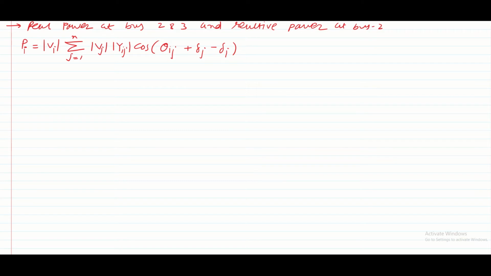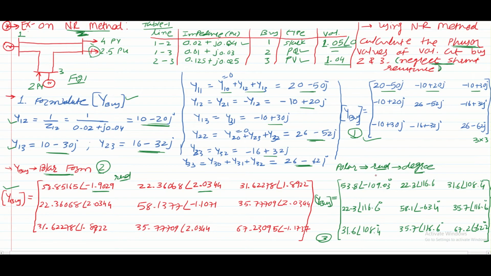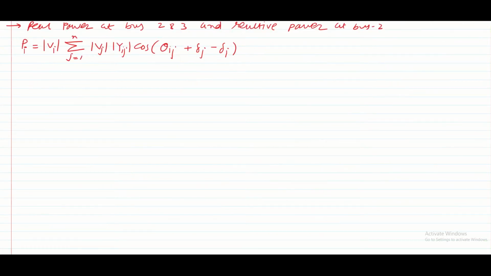So that's why we need to convert the values from rectangular form into polar form, and again in polar form from radian to degree. I hope that is clear. Because of this we need to convert the admittances into polar form with degrees. Clear? Now just substitute the values.